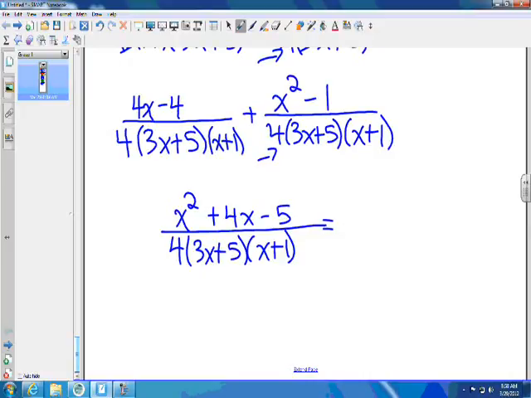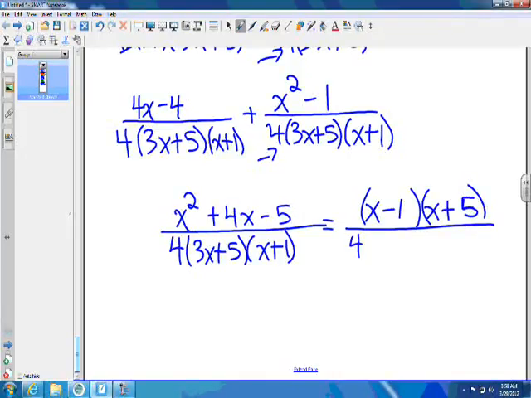So what do we need to do with that? Factors of 5 with a difference of 4. x minus 1 and x plus 5 over 4, 3x plus 5, x plus 1. Did it do us any good to factor that top?